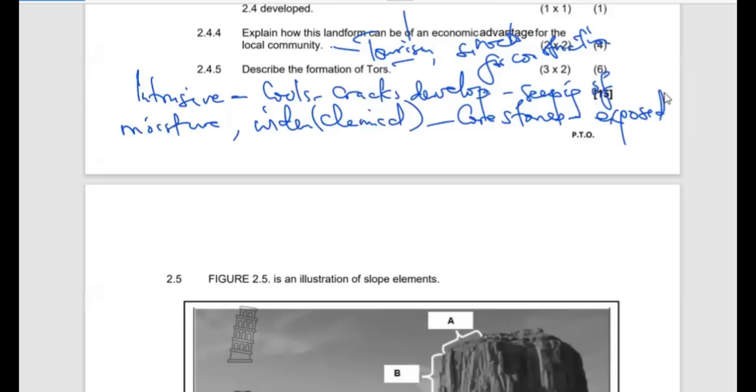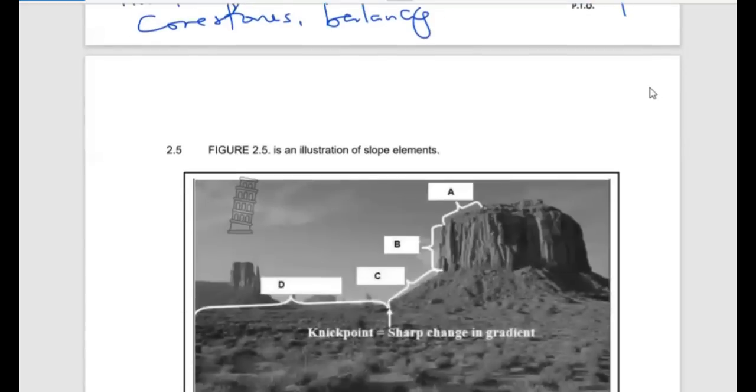But because of erosional processes, the landform become exposed. And it become exposed as core stones, which will be balancing. So basically, that's the process that you have to explain when you're explaining the formation of granitic tuffs. Right. Then we'll go to the next question.